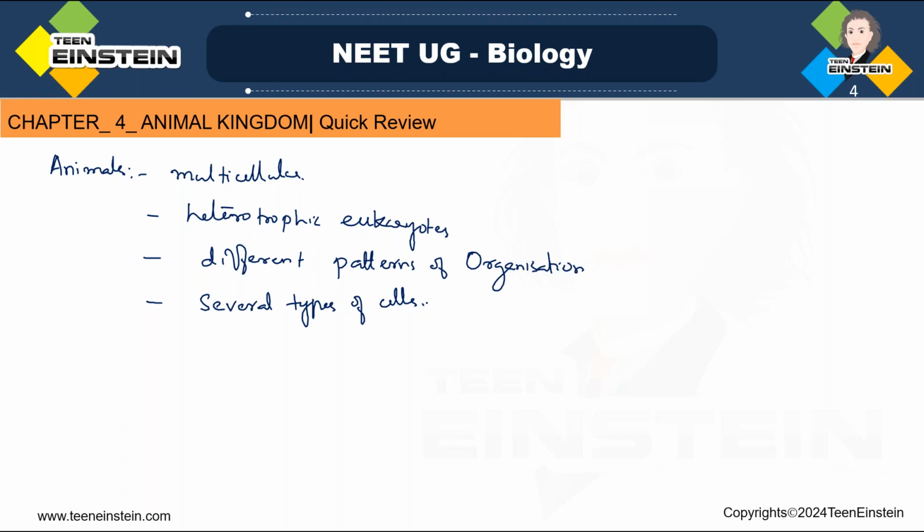So animals are classified into several types, and on the basis of that classification, we are going to learn different types of animals in the animal kingdom. Okay, so the basis of classification we'll learn now.